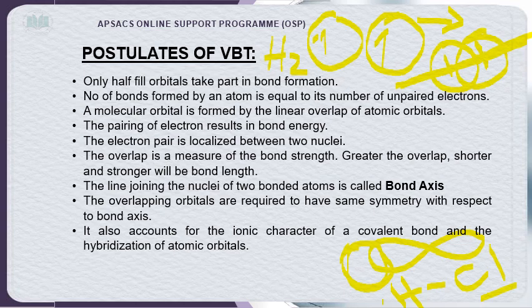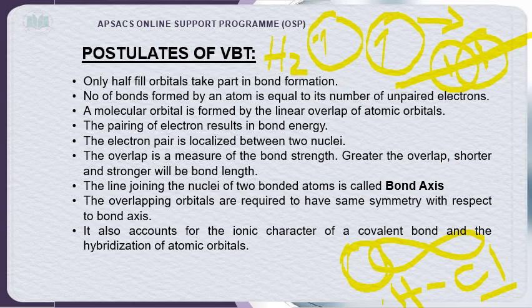So the bond pair will be more towards fluorine rather than towards hydrogen. So this will give rise to ionic character in this covalent bond. Although the bond between them is covalent, there will be polarity within the molecule, or separation of charge, due to the electronegativity difference between the two bonded atoms. Right? This will also be considered when we are dealing with the VBT.